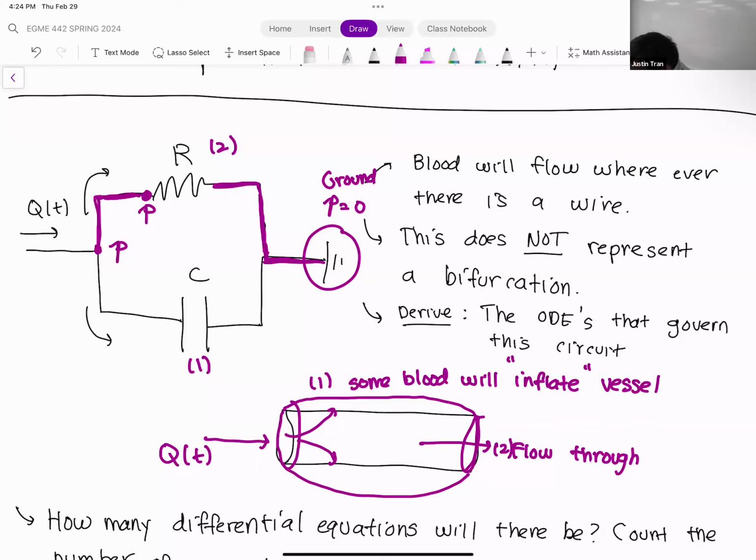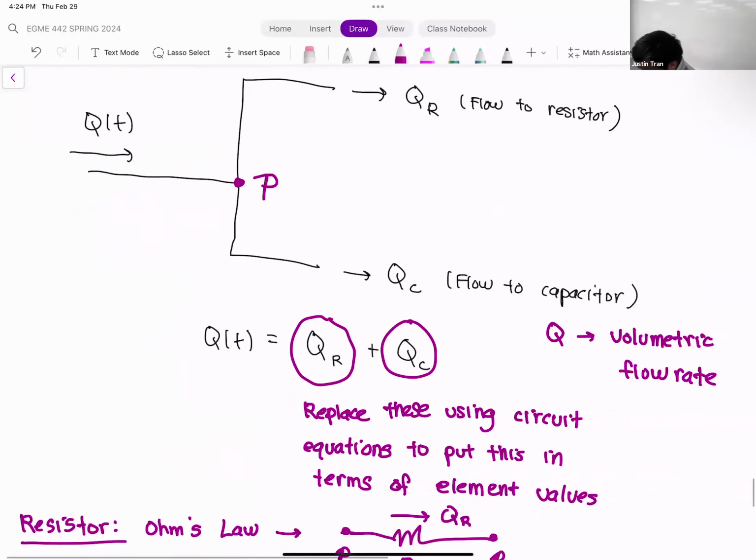Okay. Once again, we're going to follow this wire here. Everything that's connected by a wire has the same pressure. And if we come back up to the back end of the resistance here, we know that P2 after the resistor is going to be equal to 0 in this case. Okay. It's connected straight to ground, right? All right, so that gives us everything we need.